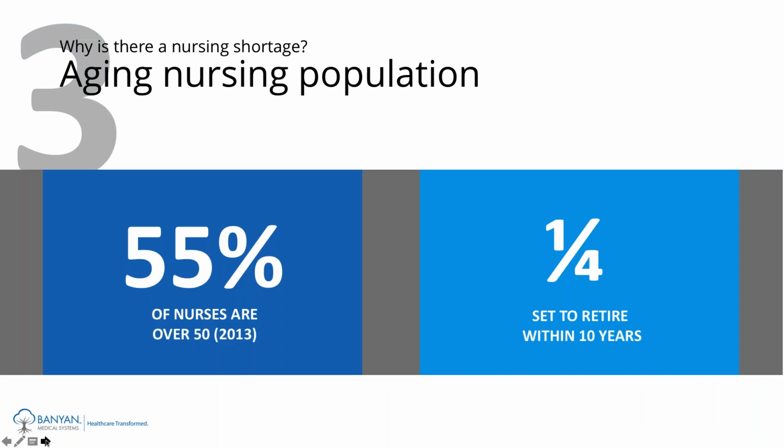Our third one is our aging nursing population. We call it the silver tsunami, but it's coming. 1.5 million nurses are expected to reach retirement age within the next 15 years. Again, in conversations with some of my CNO peers, one of my CNO friends told me that she had 70 nurses retire last year.